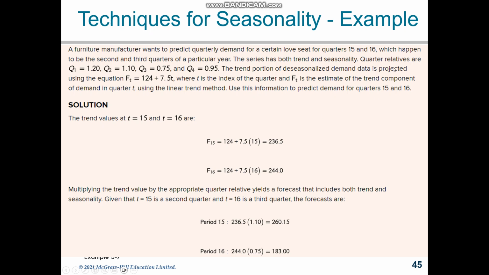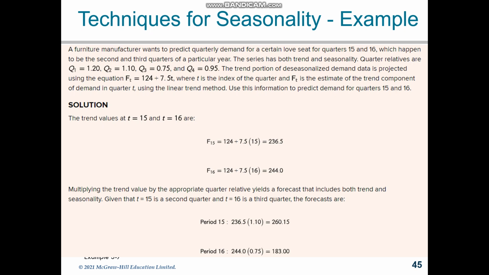Quarter relatives or seasonal factors are Q1, Q2, Q3, and Q4, and you see their values. For example, for Q1, this 1.2 shows that in the first quarter, the demand will be 20% higher than the average. Or as another example, Q3 shows that in the third quarter, the demand will decrease by 25%.